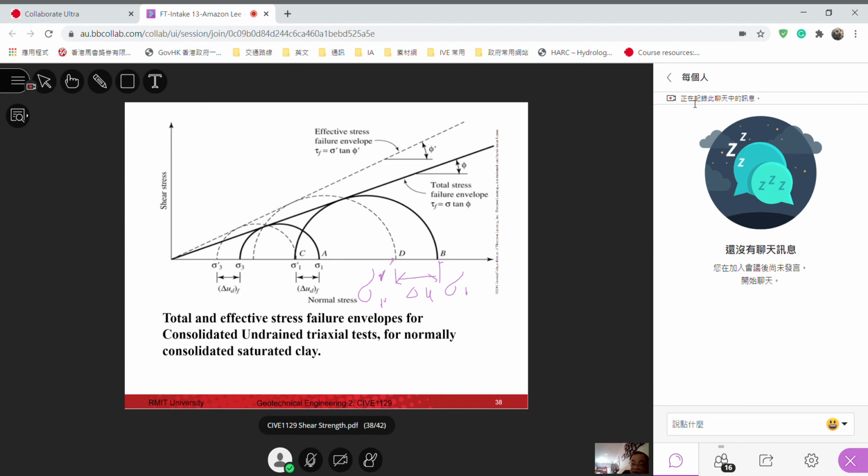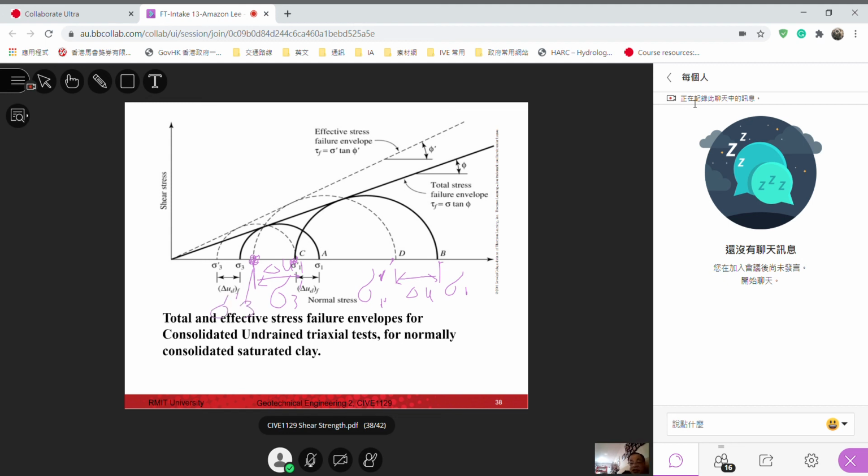This is the pore pressure. Initially sigma 3 is here, minus the pore pressure we measure. Then for this Mohr circle, this is effective sigma 3.